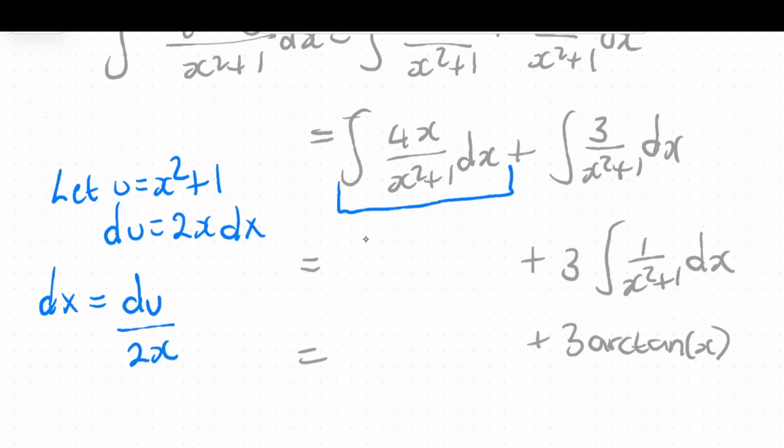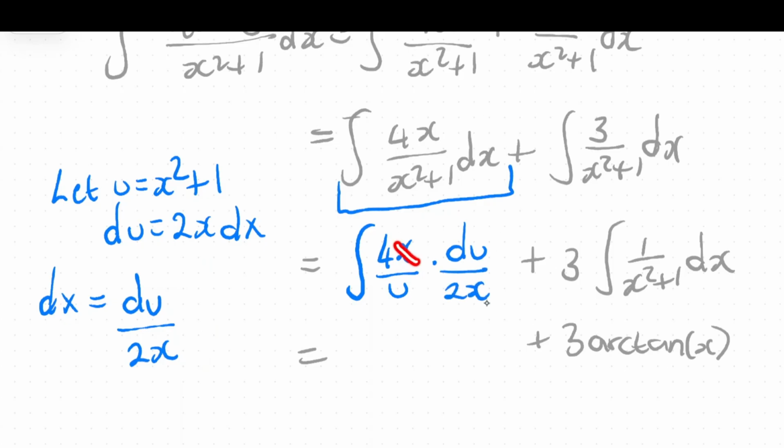And so we can say this would be the integral of 4x over u, and we already know that dx is going to be equal to du divided by 2x.